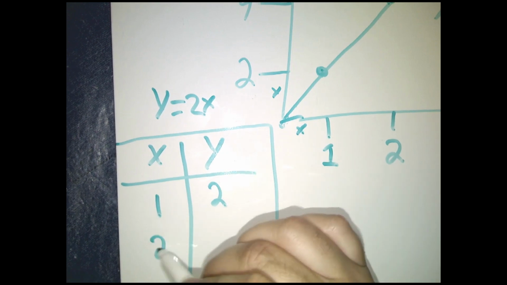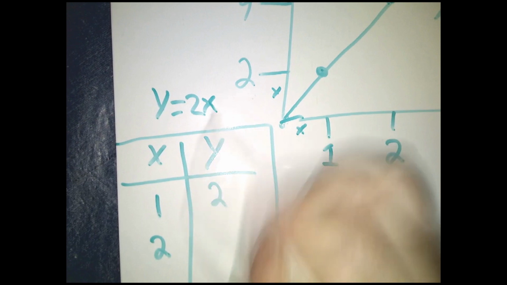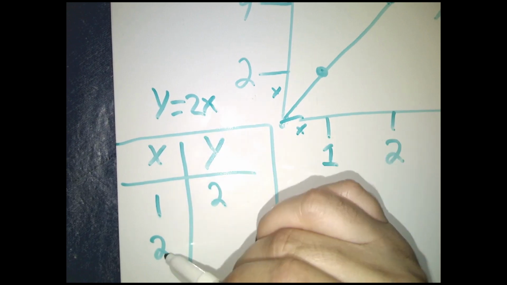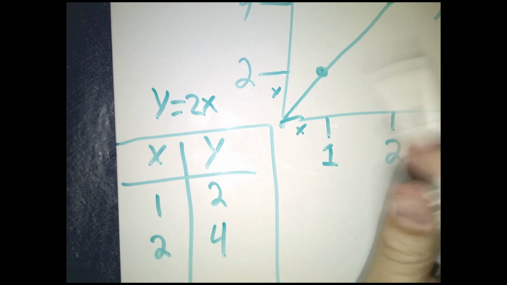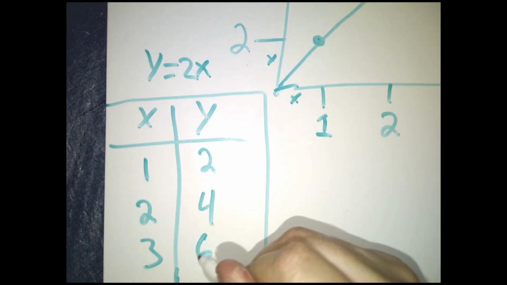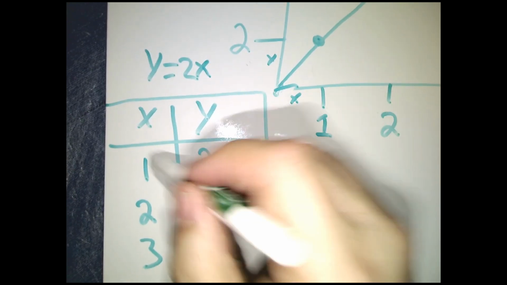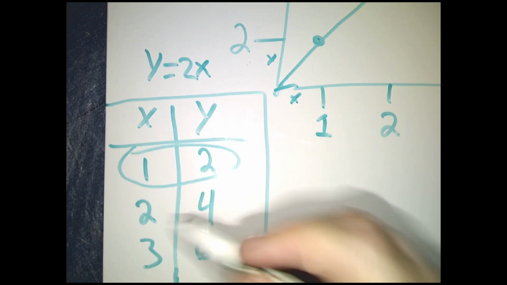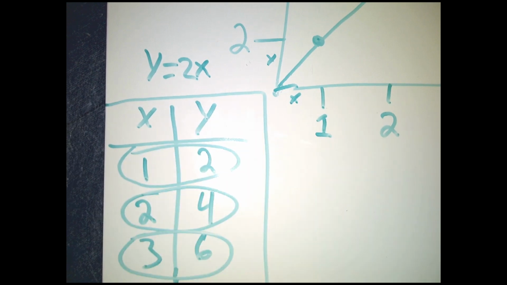For the x value of 2, if we placed 2 in there for x, that would be 2 times 2, which is 4, and that's what our graph showed. For the x value of 3, 2 times 3 would be 6. So each of these number sets is called an ordered pair. Each of the ordered pairs we can use to find our slope.